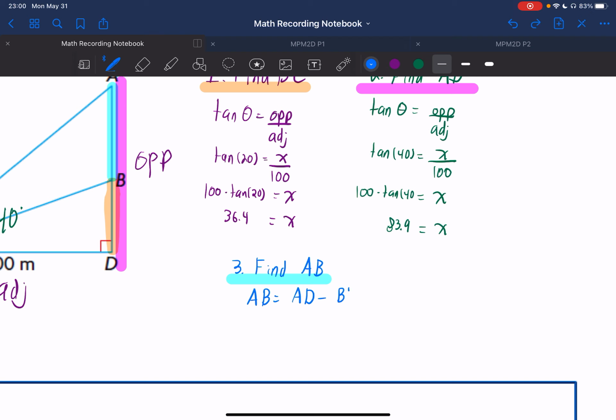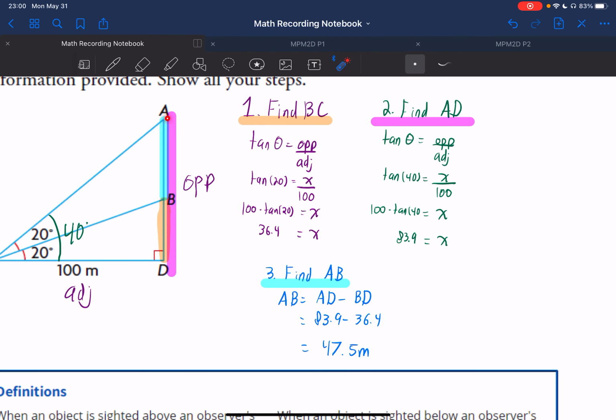Oops, not BC, BD. So we get 83.9 minus 36.4, which gives us 47.5 meters. And that's the length of AB.